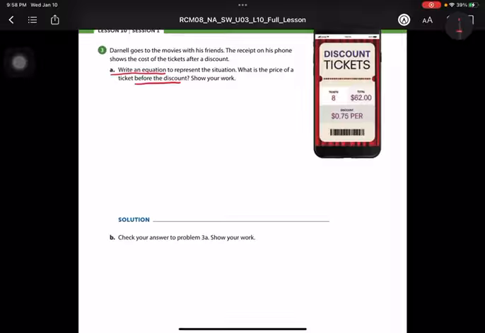To check your work, you're going to take whatever you got for the value of x, substitute it into your original equation, and see if the left side of the equation equals the right side. All right? And we're going to check all of those tomorrow. So make sure that you do your homework if you don't finish it in class, because we'll be moving forward, completing a lesson a day.